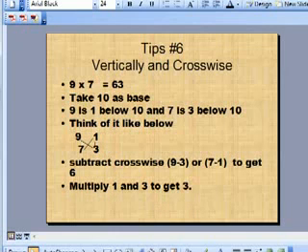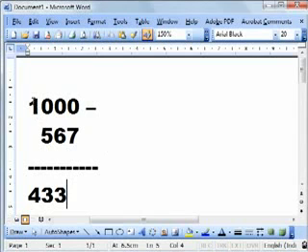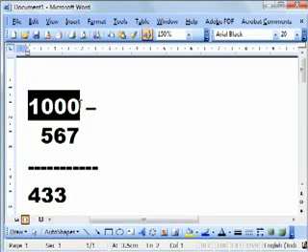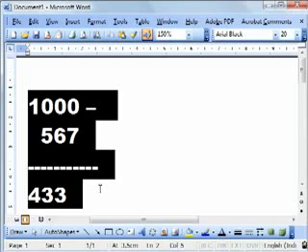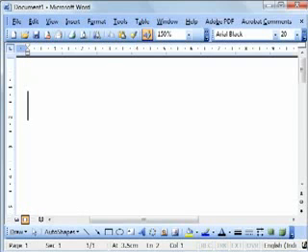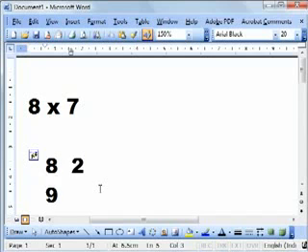Now let's take another example. 8 multiplied by, say, 7. So just write like this. 8 is 2 below 10, so I mention it here, and 7 is 3 below 10.